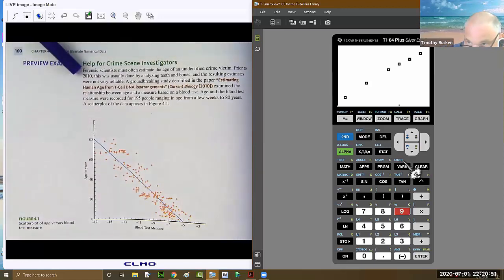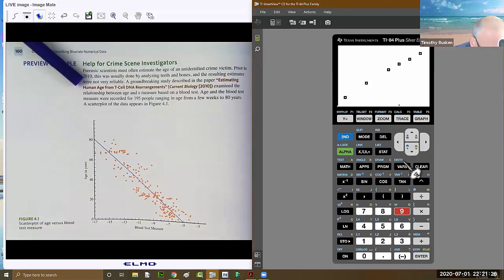Forensic scientists must often estimate the age of an unidentified crime victim. Prior to 2010, so we're trying to find the age of somebody who was a victim of a crime, like a murder, or it could be something like that. Prior to 2010, this was usually done by analyzing teeth and bones, and the resulting estimates were not very reliable.